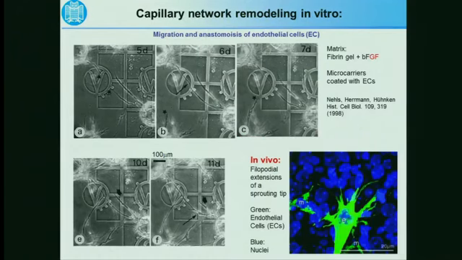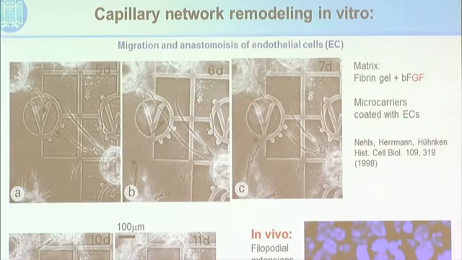Okay, the formation of new vessels induced by growth factors, in this case by bFGF, can be demonstrated in vitro. Here you have essentially fibrin gel plus this growth factor, and microbeads coated with endothelial cells.